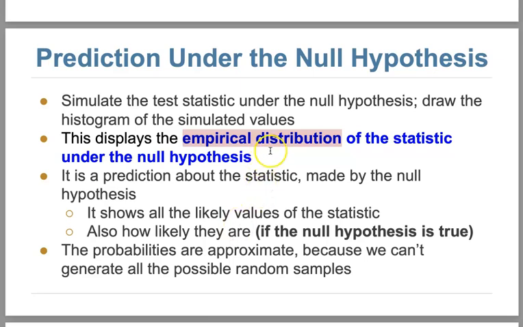Even though it may approximately look like the probability distribution, it is not. It's just that the big amount of repeated runs makes it look like it, but it is not the exact probability distribution. That's one thing you need to pay attention to. The reason is, no matter how many times we run, it's impossible to generate all the possible random samples. We just try to run as many times as we can to cover as much as we can.